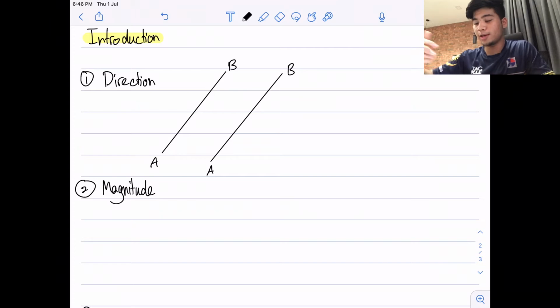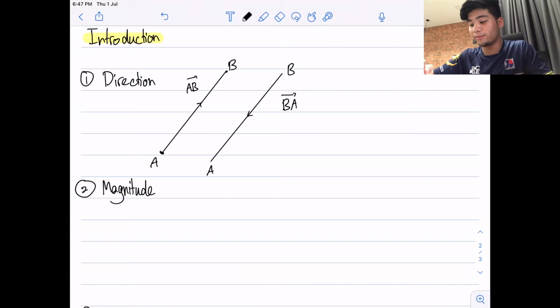So let's say the vector from point A to point B, we can actually say it as AB with an arrow on top. Alright, but if we wanted to say the vector from B to A instead, that means the other way, it would be vector BA. So get it?